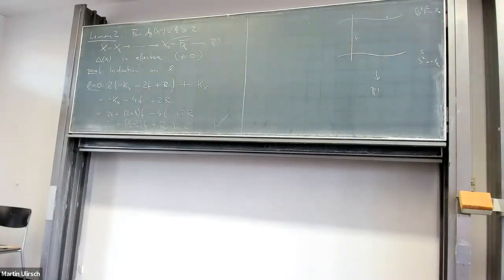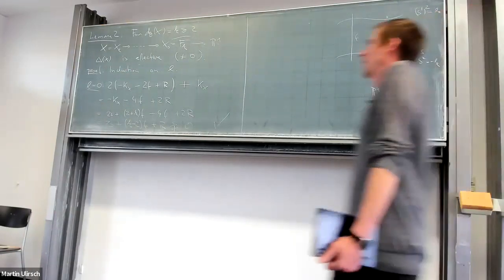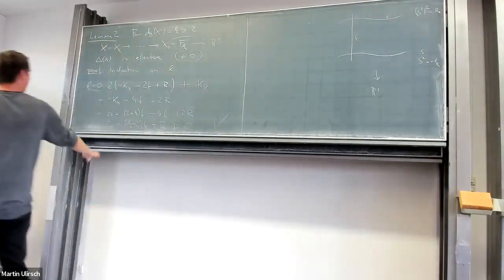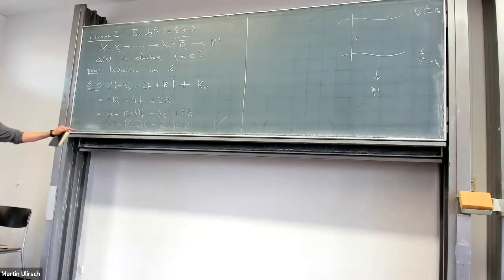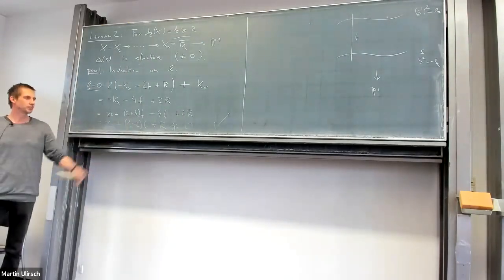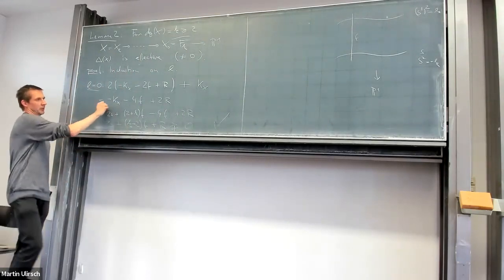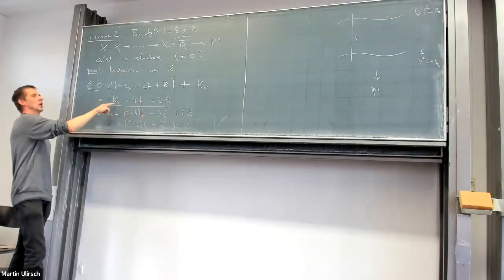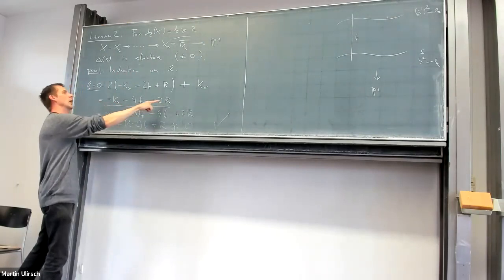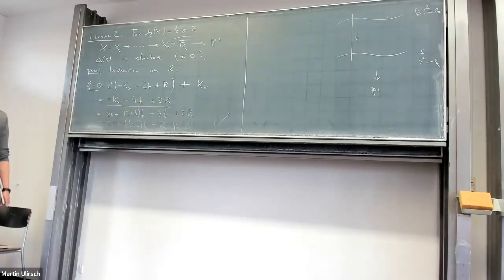What's the idea now? The idea now is to see how all the quantities, or all the divisors which appear in this formula, so minus kx and r and f, change when I'm doing a blow up.